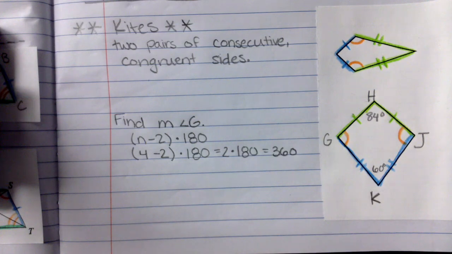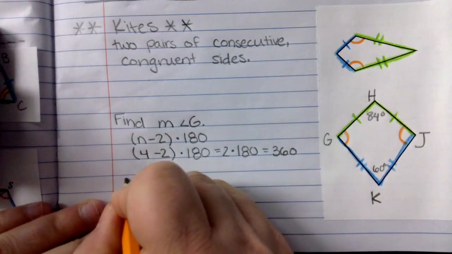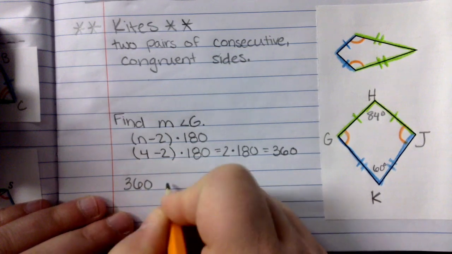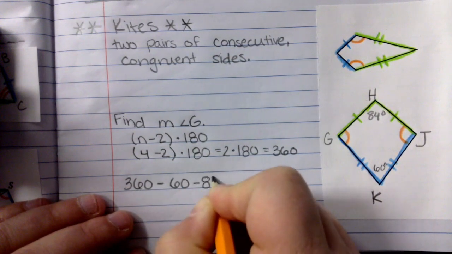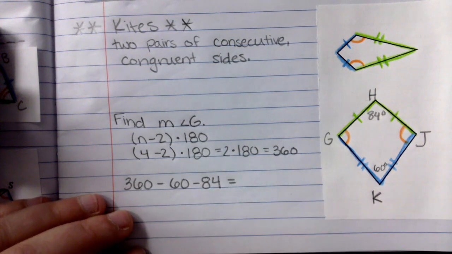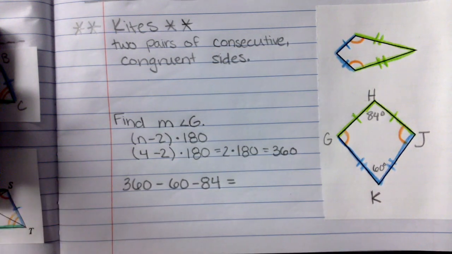So minus the parts we have. 300 minus 84. 260? What? No. I don't believe you. Someone convert. 216. Yeah. I thought you said 60. There we go. 216.